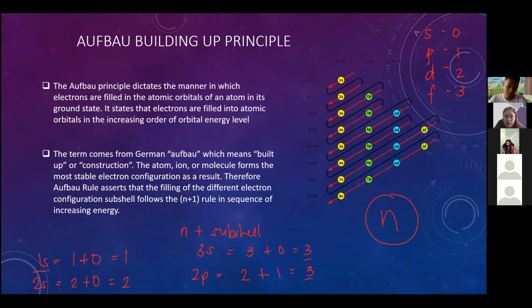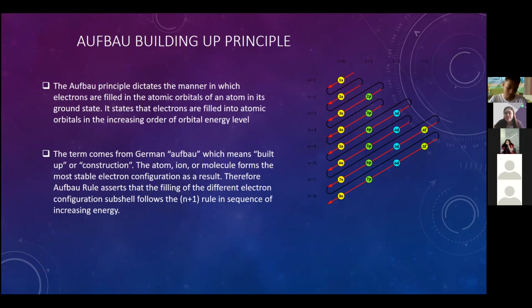So if you look at our pattern, after 2s, we will have the 2p. Because they have the same energy level, but we will regard again the higher principal quantum number as the higher energy level. So that is again according to the Aufbau principle. Lower energy level first before increasing to higher energy level.